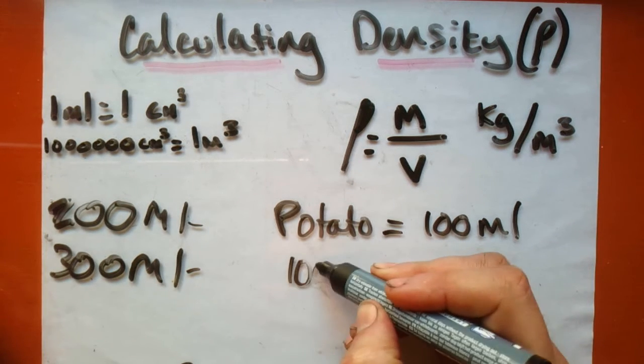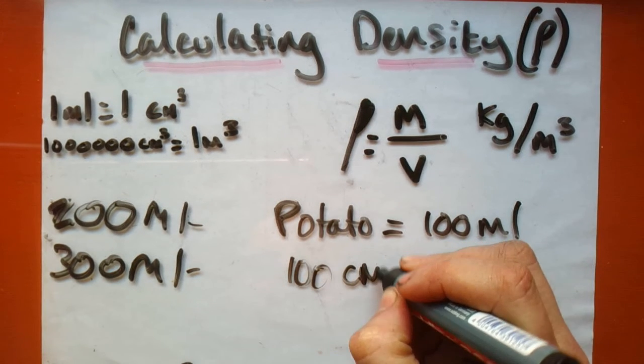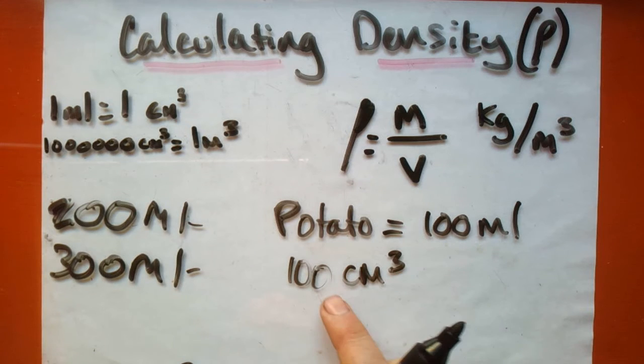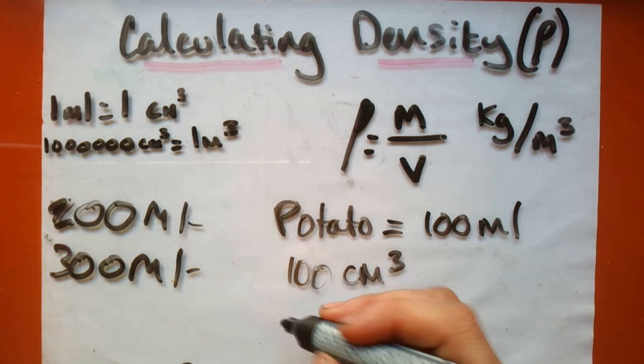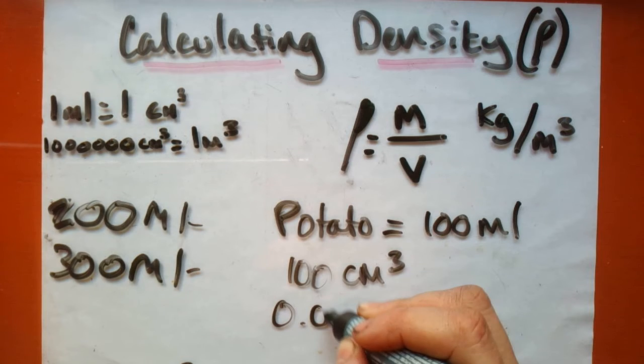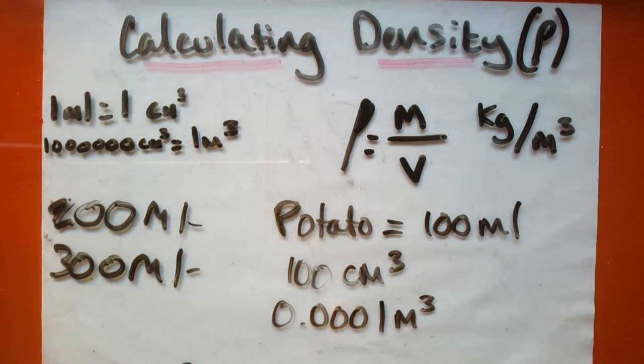Therefore, it's 100 centimeters cubed of volume. Now, when we convert that into meters cubed, it takes up 0.0001 meters cubed of volume.